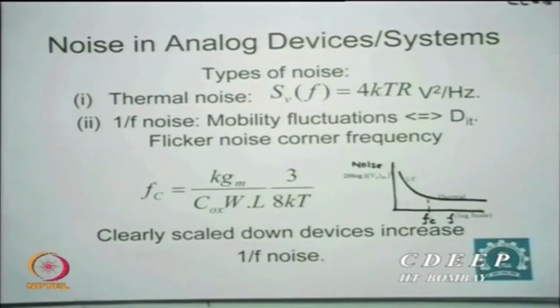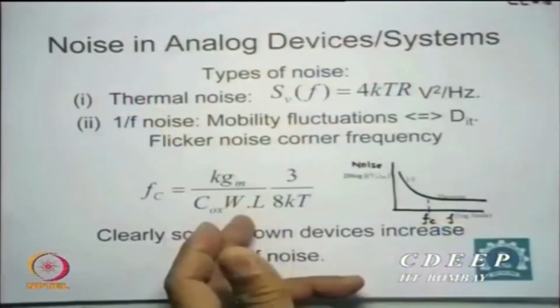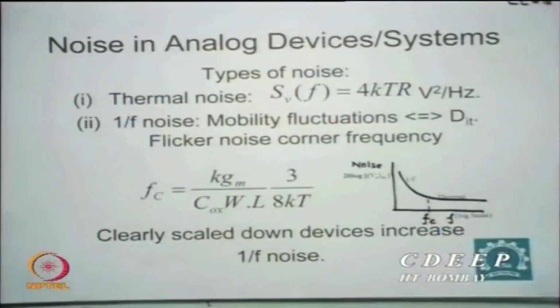So we say at the point where thermal noise takes over from 1 upon f, we say corner frequency for noise, and that is given by some kind of function, and we will see how you control these values. Noise is in some way connected to gm; you can see clearly it has a term for oxide capacitance per unit area, the width and the length of the transistor, and of course the temperature at which you are working.